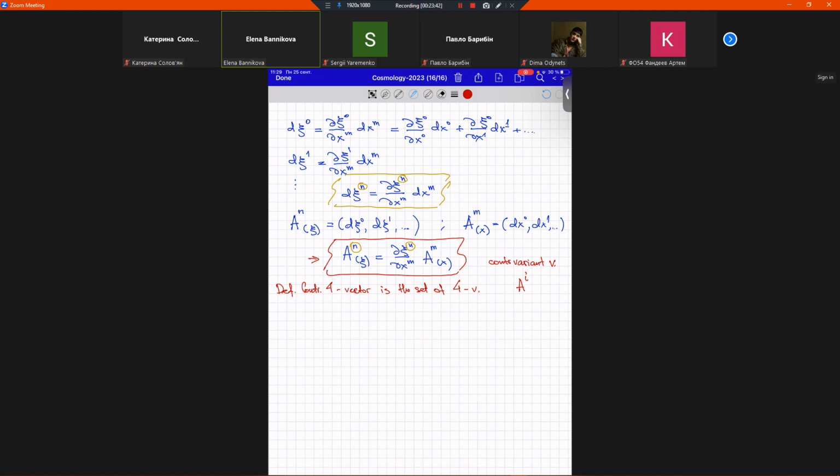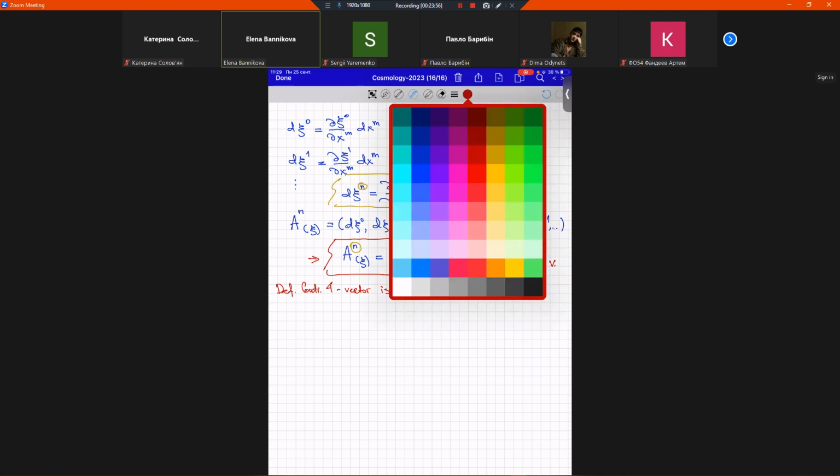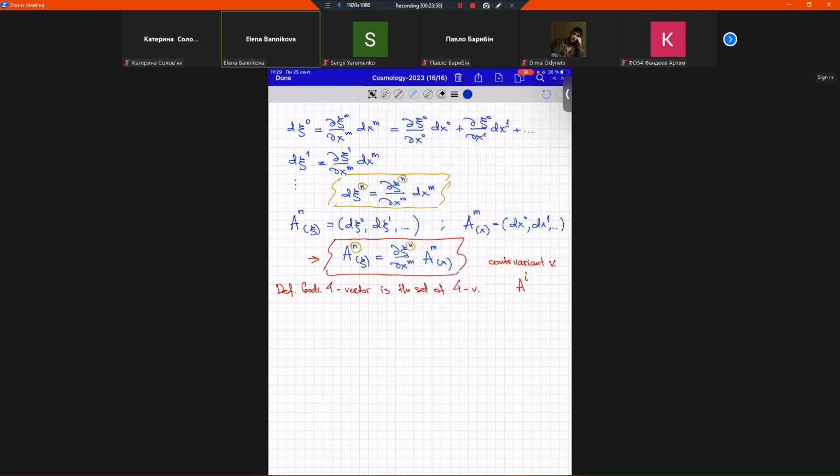Later we will generalize this for tensors, and a vector is a particular case of a tensor. So this is the next one. Let's have some function which is a scalar function.